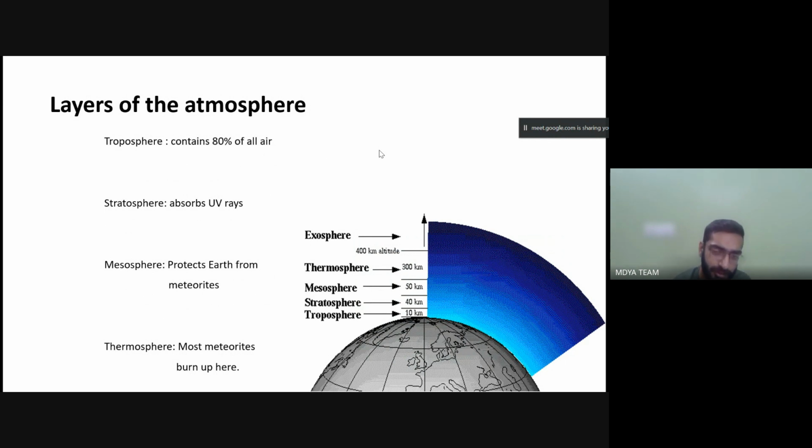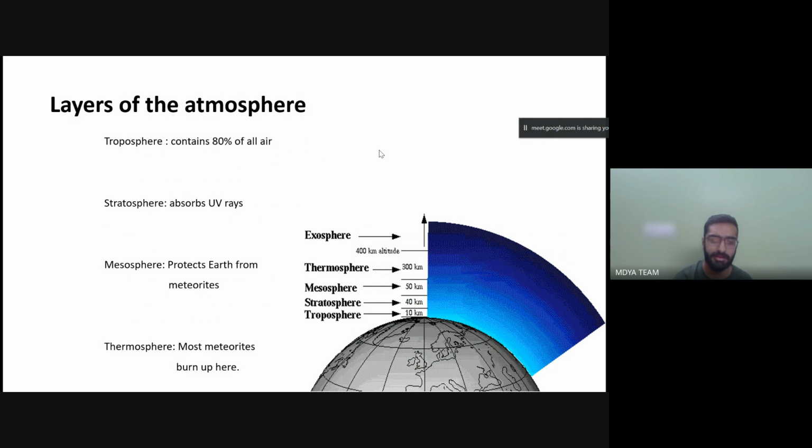The bottommost layer, which is close to the surface of the Earth, is the troposphere. It extends from the crust, from the position where we are standing, vertically upward 10 kilometers. Then from 10 kilometers to the next 40 kilometers is the stratosphere. Above 40 kilometers, 50 kilometers wide, is the mesosphere, and the 300-kilometer width beyond the mesosphere is the thermosphere.